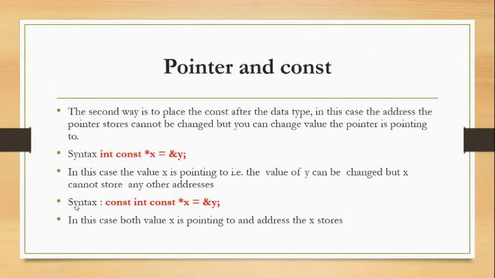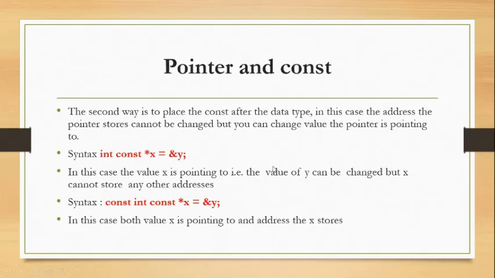You can also use the following syntax: if you perform this expression, the address that x stores and the value that x is pointing to both cannot be changed. So if you want to make the pointer completely constant, then you should use this expression.